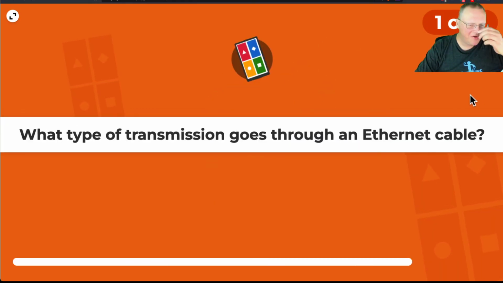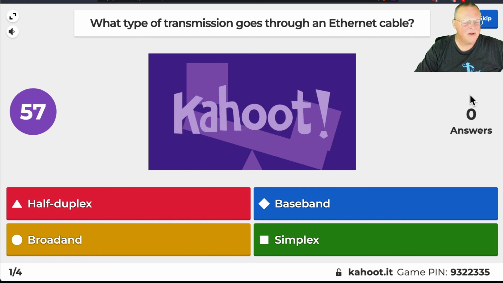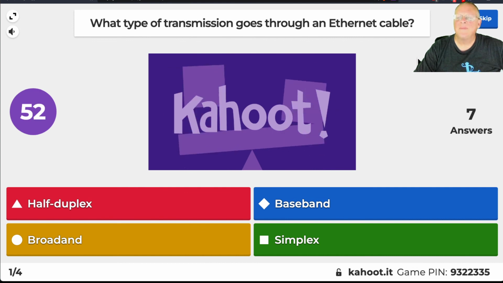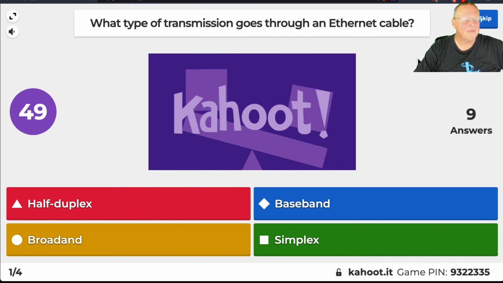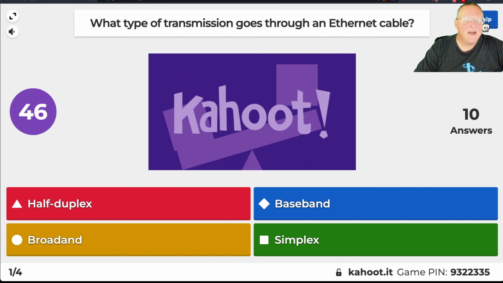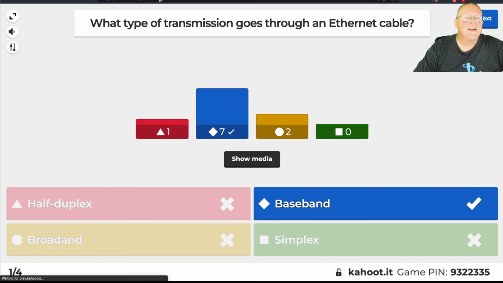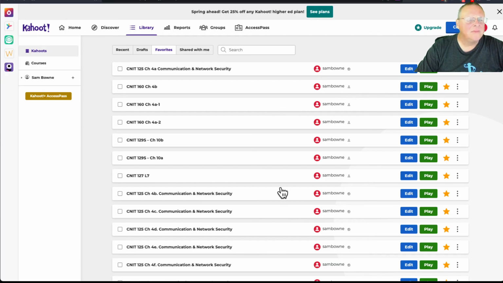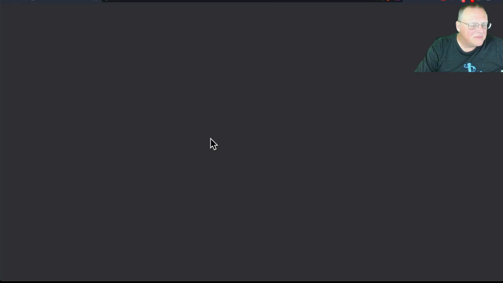So what kind of transmission? Wait, have we done this one? Wait a minute. I'm going to take a look. This is the wrong one. I think we should be doing 4D or something. Let me take a look at my slides. Maybe I hit the wrong one. Yeah, favorites. 4C is here. And it shouldn't be that slow either.